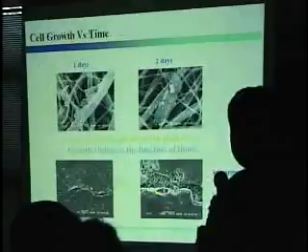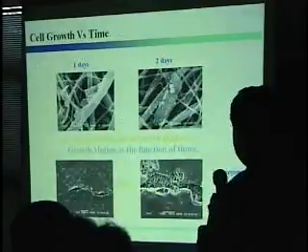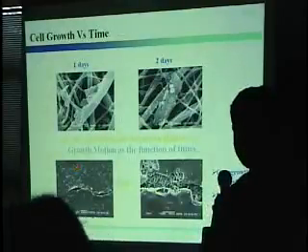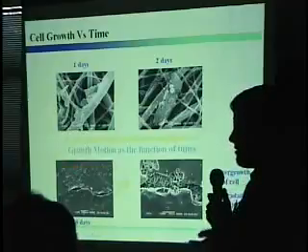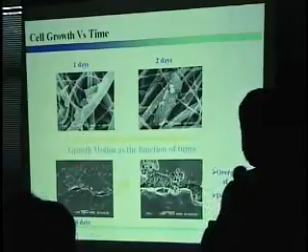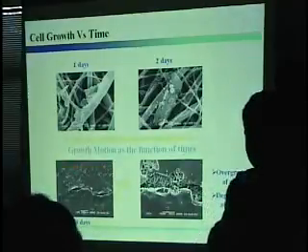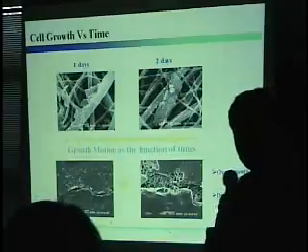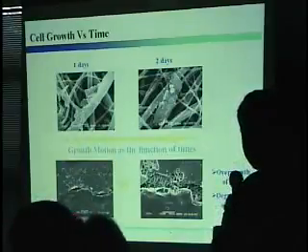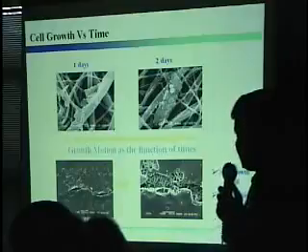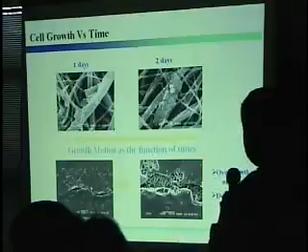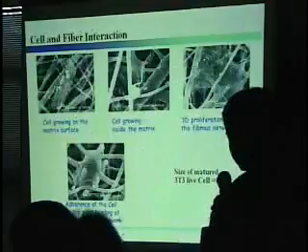Next slide, please. These are the results obtained during cell culture on the fiber matrix surface at different days. After 10 days, overgrowth on the fiber surface was observed. Next slide, please.